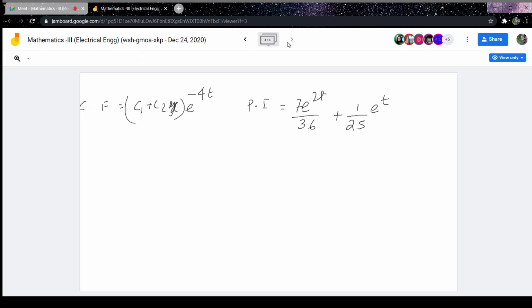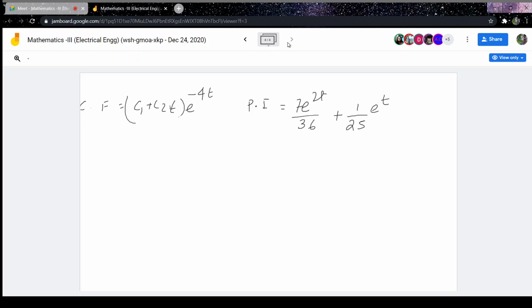So this is your Y. This was in terms of Y, so this will be your Y. Y is a function of t, so it will be t.